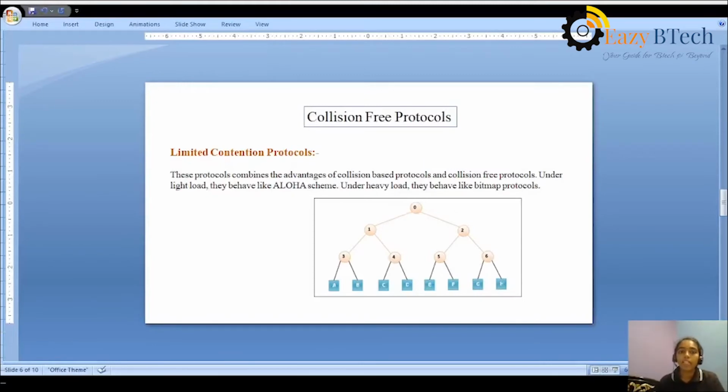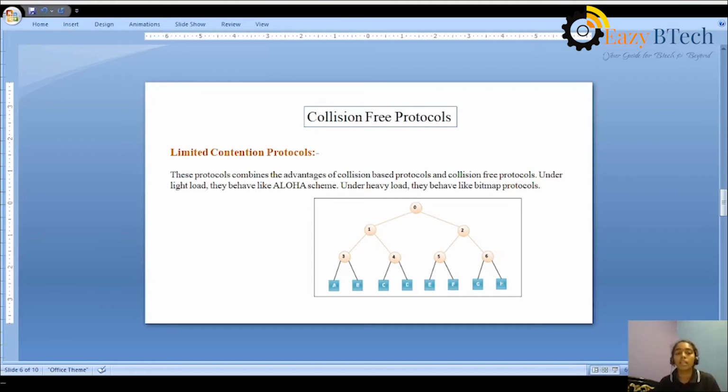The third one is limited contention protocols. This is another type of protocol. These protocols combine the advantages of collision based protocols and collision free protocols. The limited contention protocols, if there is a light load, meaning the data frames are few, use an Aloha scheme. If the data frames are many, it uses bitmap protocols.